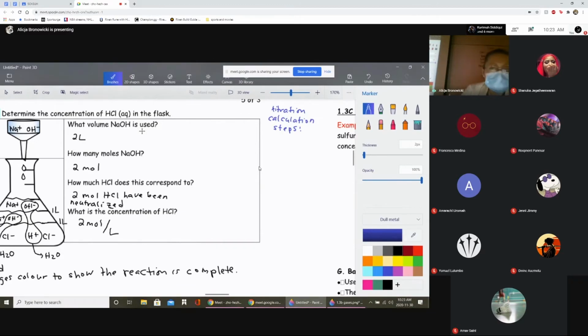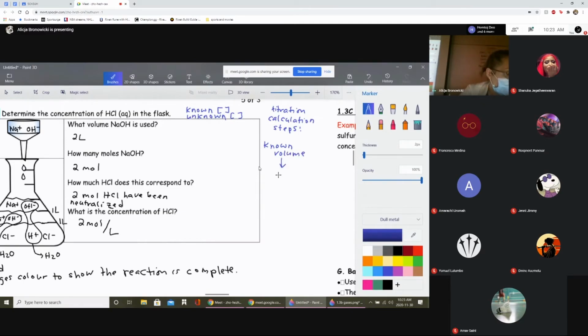So, titration calculation steps. What you want to figure out first is how much. You have a known concentration and an unknown concentration. So the first thing you have to figure out is the volume of the thing that you know.